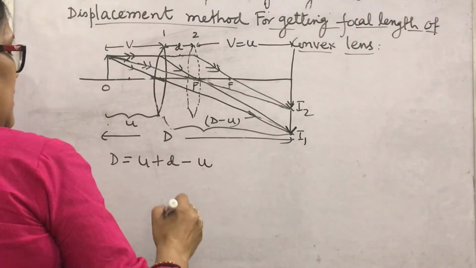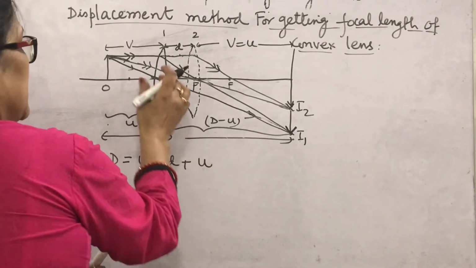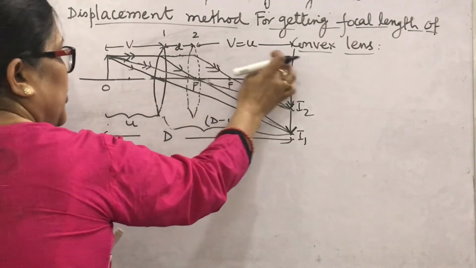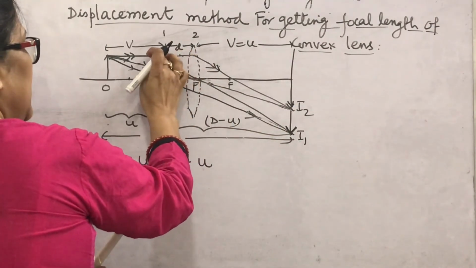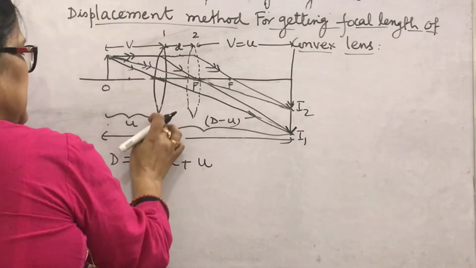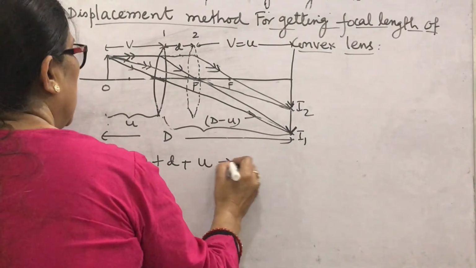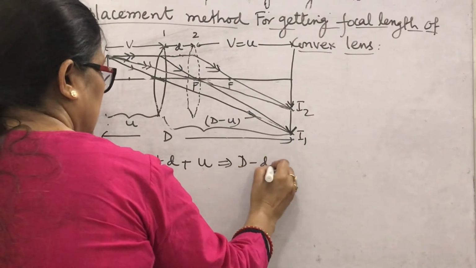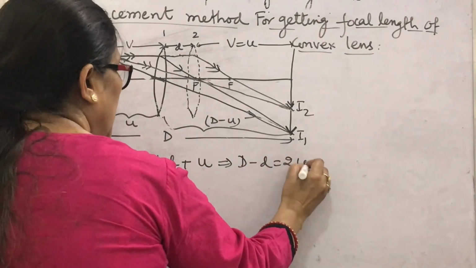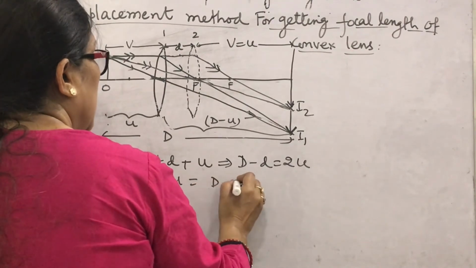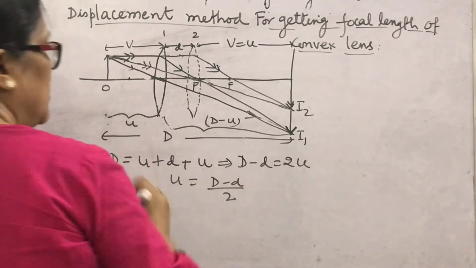Then what can you write? By taking the magnitude of D, this is u, this is d, and this distance is u. So simply you can write D minus d as 2u, or u as (D minus d) upon 2.